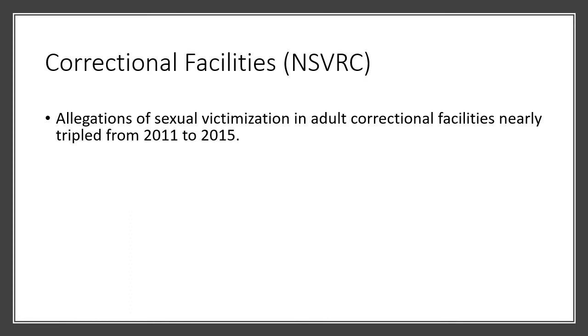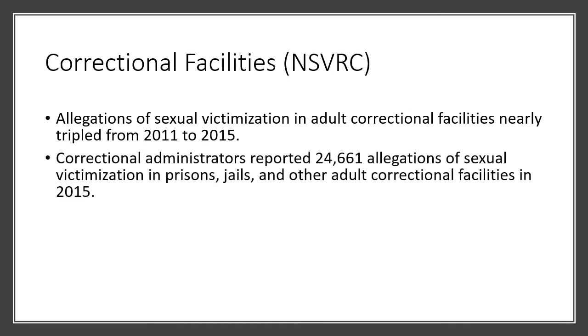So if we have this as a statistic for reported sexual victimization, you have to kind of multiply that in order to get a picture of what's really happening. For example, correctional administrators reported just under 25,000 allegations of victimization in prisons, jails, and other facilities in 2015.